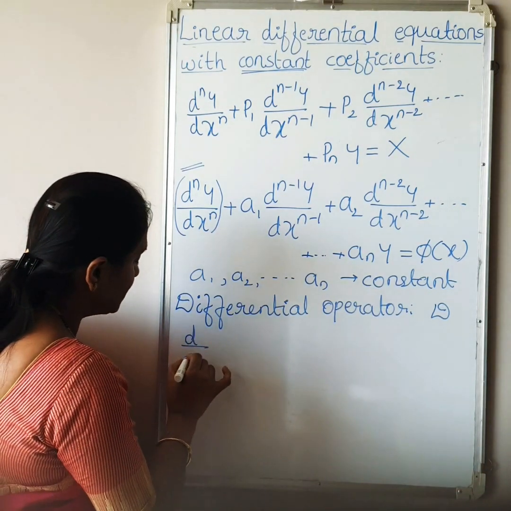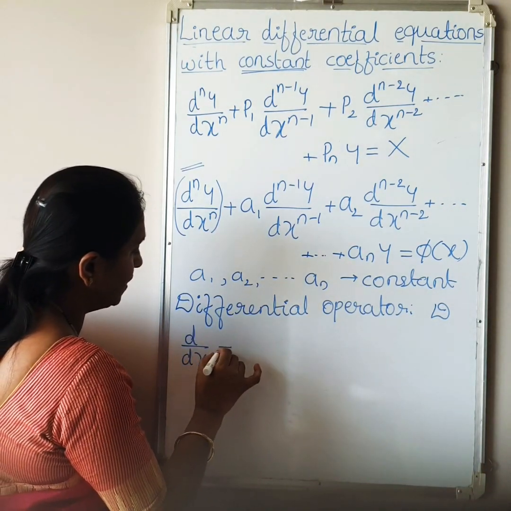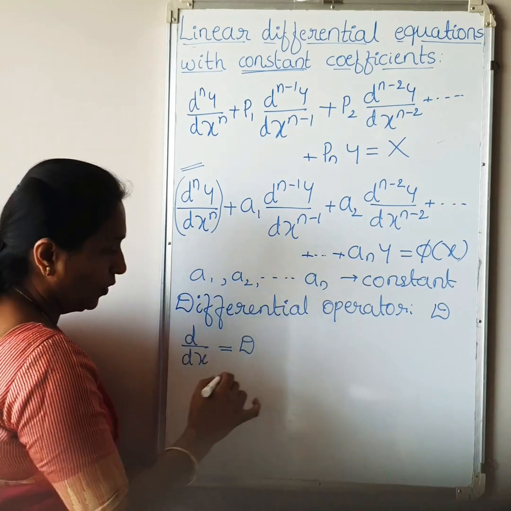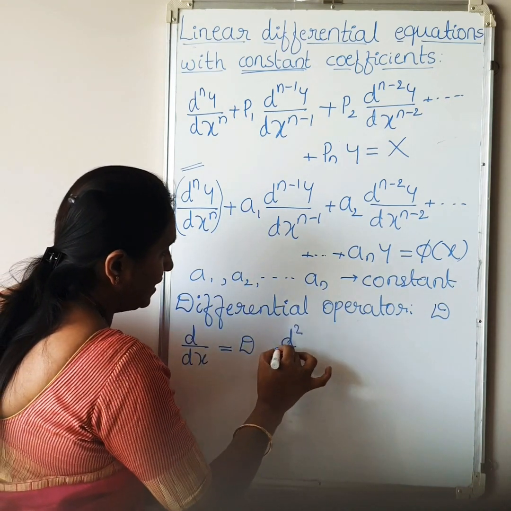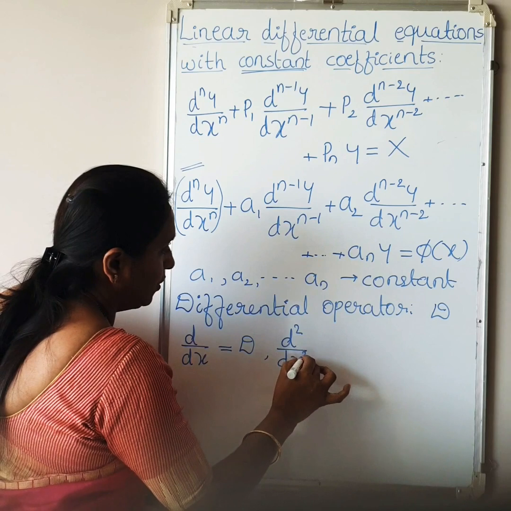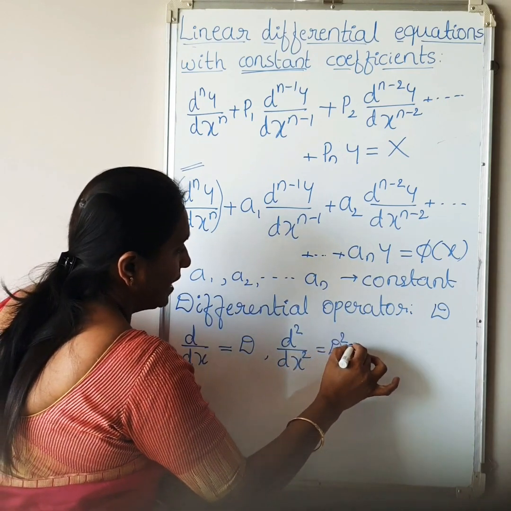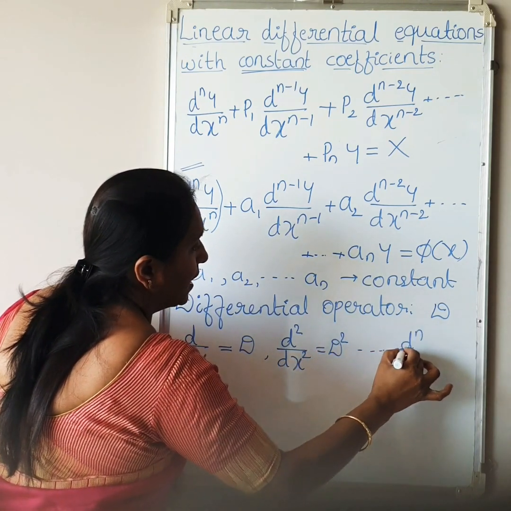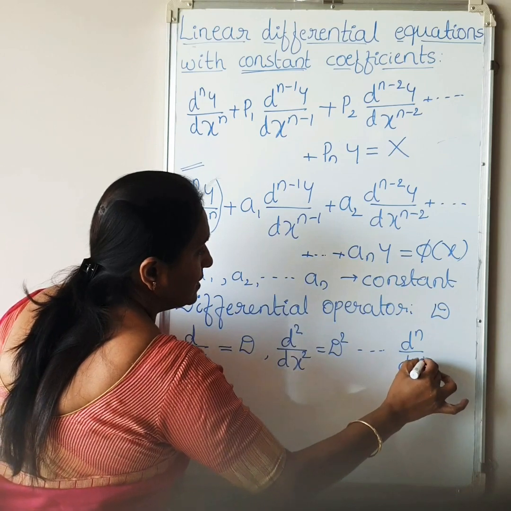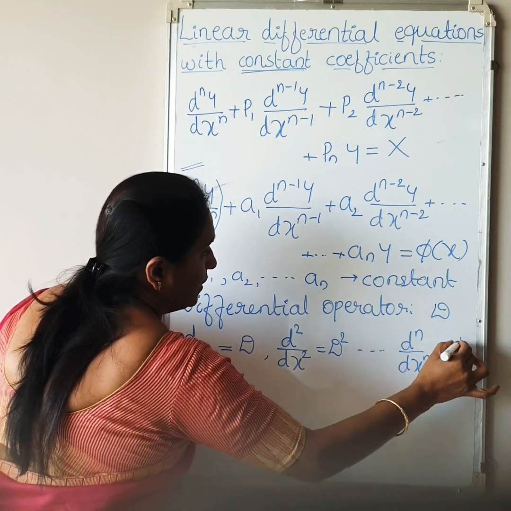Differential operator means we write in place of d by dx, D; d square by dx square is equal to D square, and so on; d^n by dx^n is equal to D raised to n.